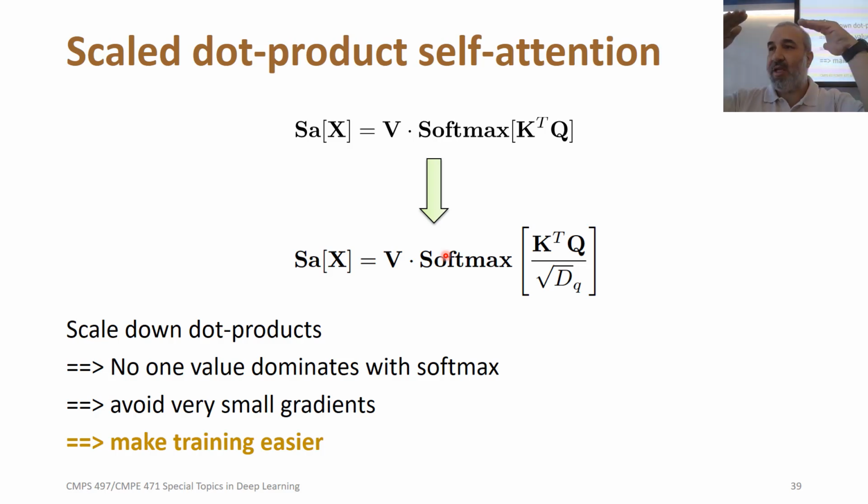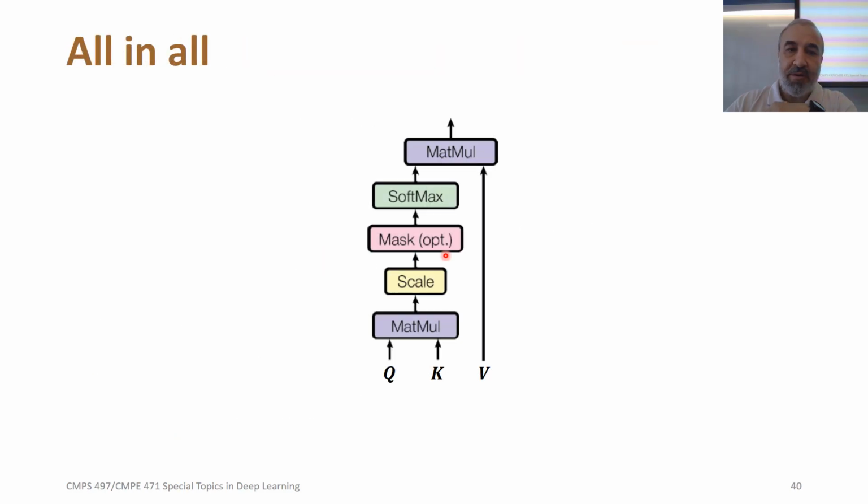The dot products will be reduced, so no one will dominate the softmax. We will not get as many zeros as we would if we didn't do this scaling. This is a small technical detail, but it was proved experimentally that it makes the training much faster. So that's the first one.